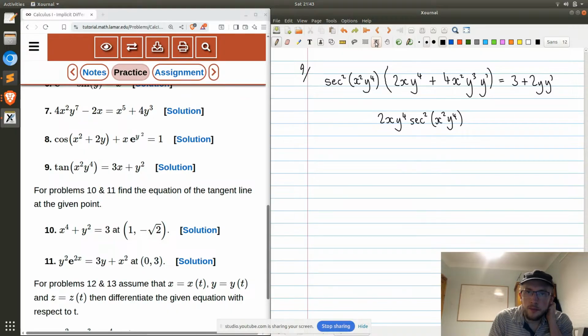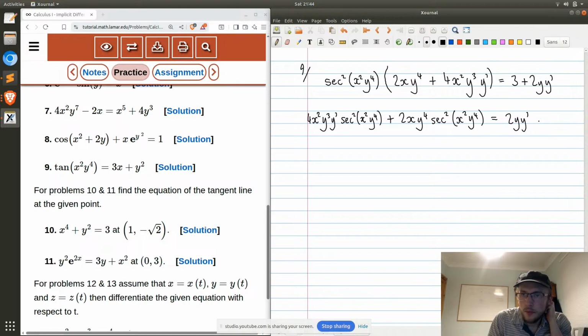Well, at least put it at the front. 4x squared y cubed y prime, sec squared x, just like that. And now carefully move everything around.